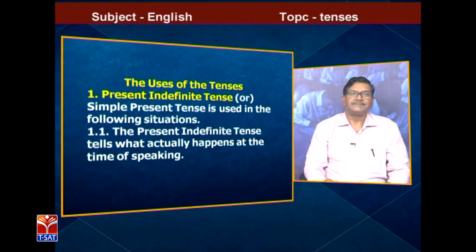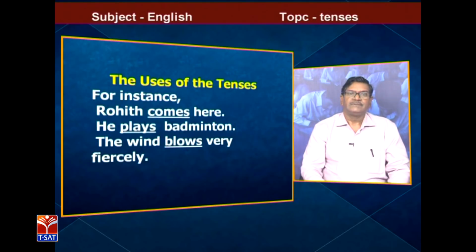Let us see. Present indefinite tense or simple present tense is used in these situations. Present indefinite tense tells what actually happens at the time of speaking. Rohit comes here.